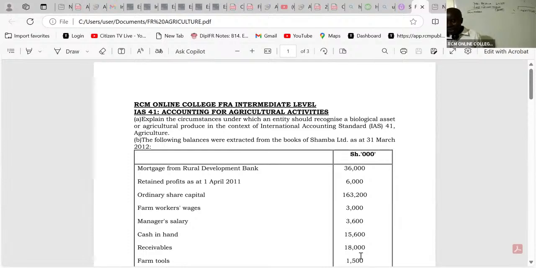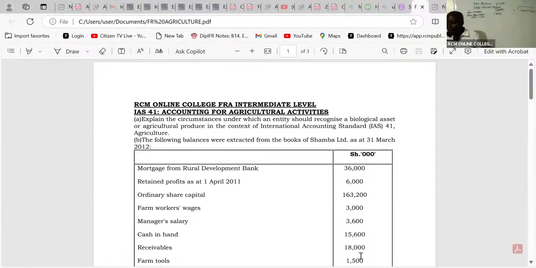So I'm able to see a reduction in value of farm tools, farm tools depreciation: 1,500 minus 1,200. This gives me a loss in value of 300 that has to be charged to our income statement.